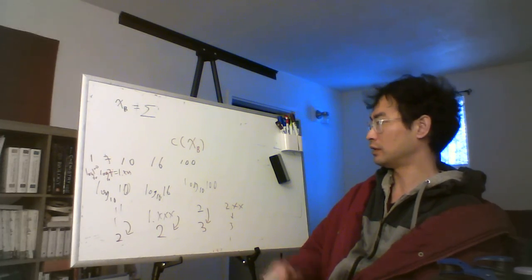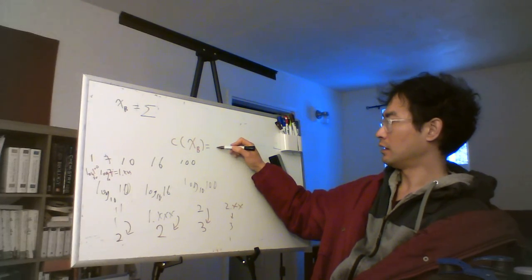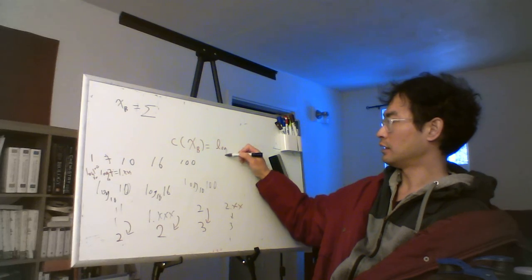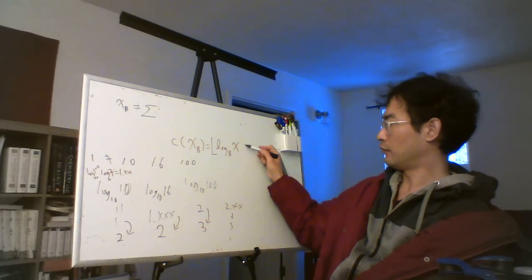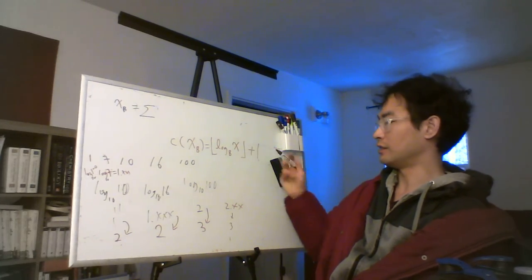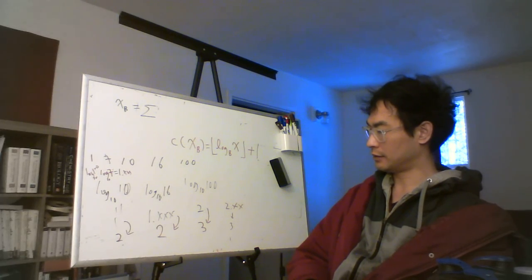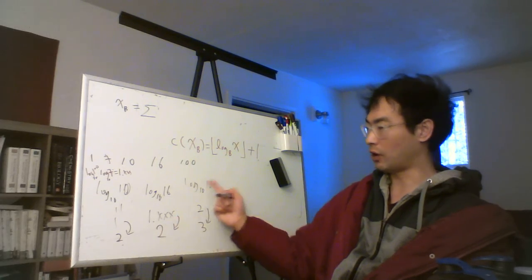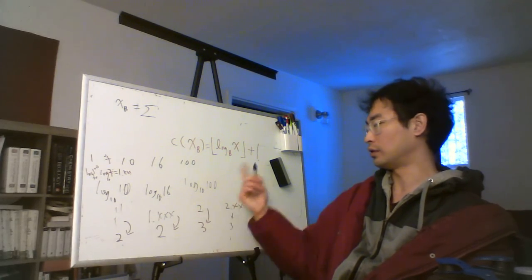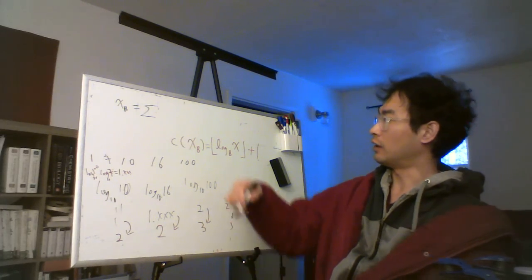Well, there's an easy way to do this: the floor of log base b of x, plus 1. Okay, now we have it. Convert 1 point dot dot dot over to 1 and then add 1. This is correct. Very good.